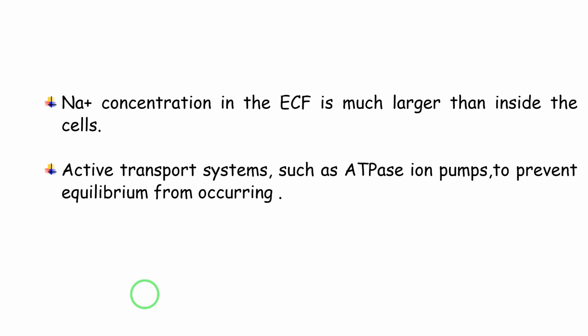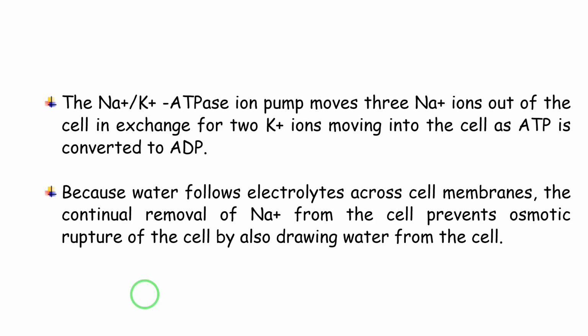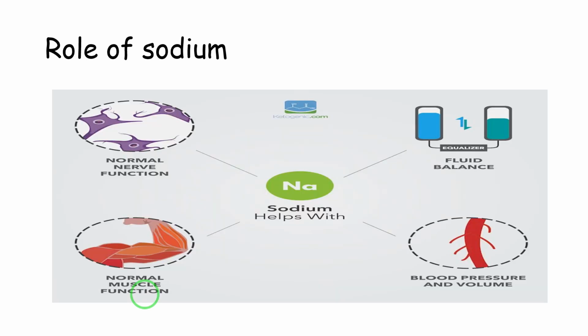And this can be prevented by the sodium potassium ATPase. Otherwise, sodium, when it flows inside the cell, will be followed by water, leading to rupture of the cell membrane. So this process is very important to maintain each of these cations in its normal compartment.